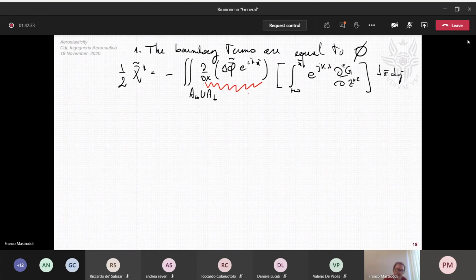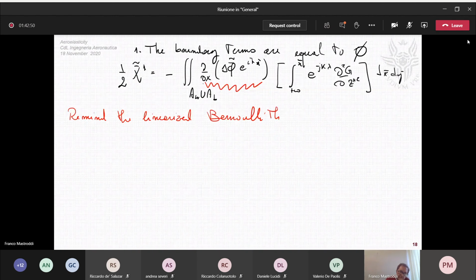We want to give a role to this quantity. What about this quantity? Do you remember the Bernoulli theorem? Remind the linearized Bernoulli theorem in frequency domain.